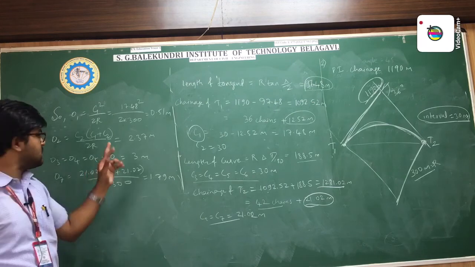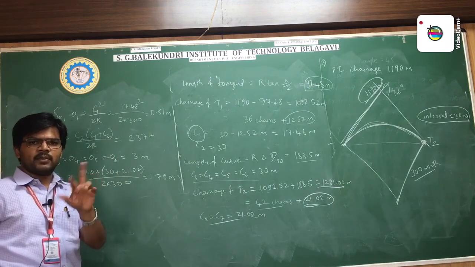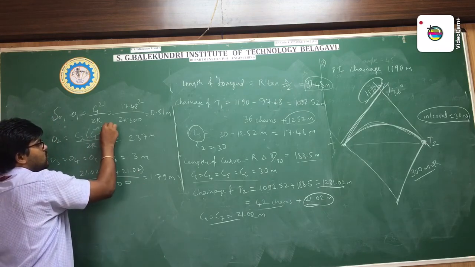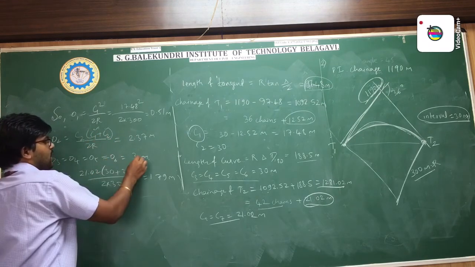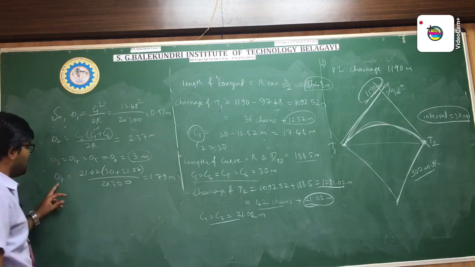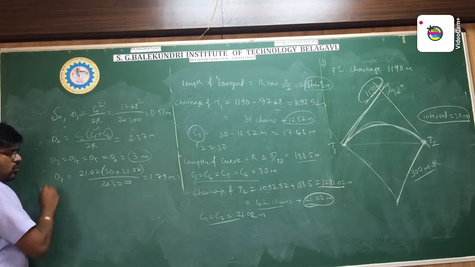Like that, O3, O4, O5, O6. Since C2, C3, C4 will be the same 30 meter, substituting the values, that is why we will get 3 meter throughout the ordinates. The last ordinate is O7.